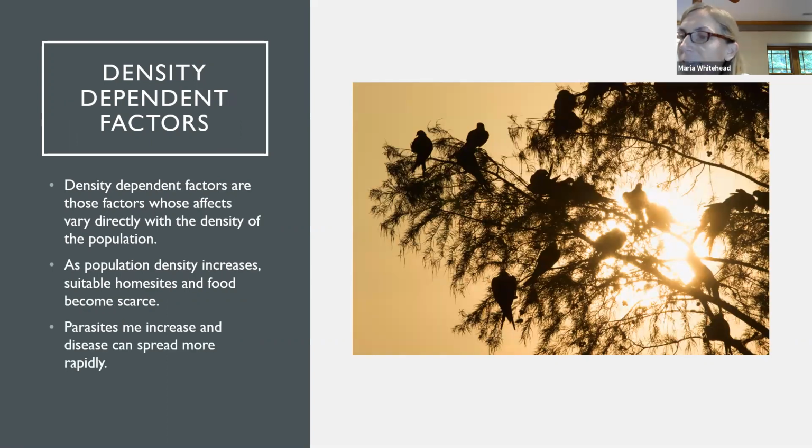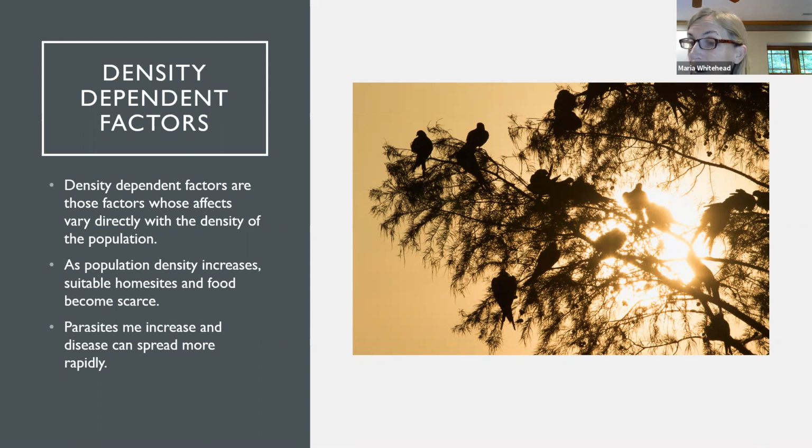Density dependent factors are those whose effects will really vary directly depending on the density of the population. So, for example, as population density increases, we know that home sites and food may become more scarce. As the rate of individual contacts increases, interspecific aggression can increase.